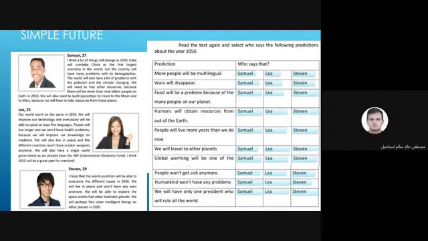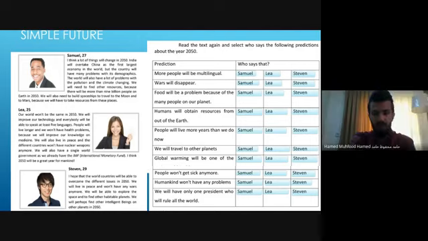Mustafa? I think Samuel. Yes, exactly. Samuel speaks about this problem because he thinks that we will be more than 9 billion people on Earth. So we will have big problems, especially in food and resources.